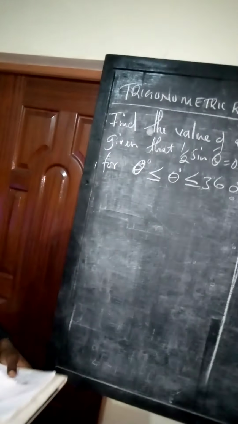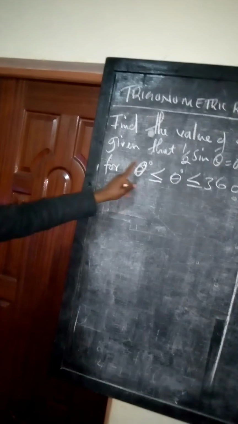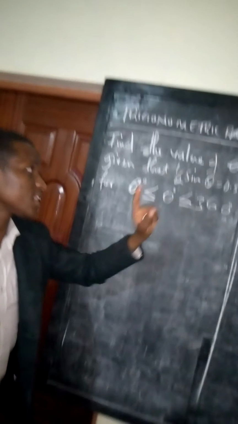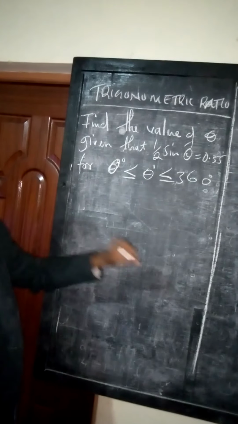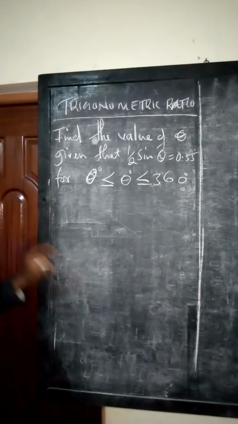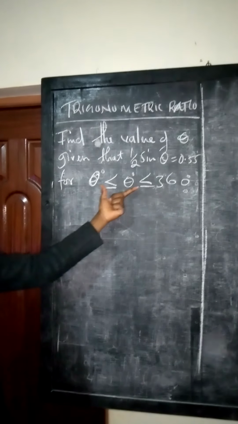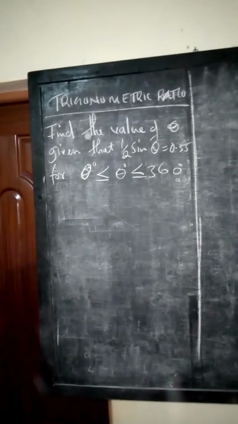We are told to find the value of theta given that sin theta is equals to 0.35 for angles ranging between 0 and 360 degrees.